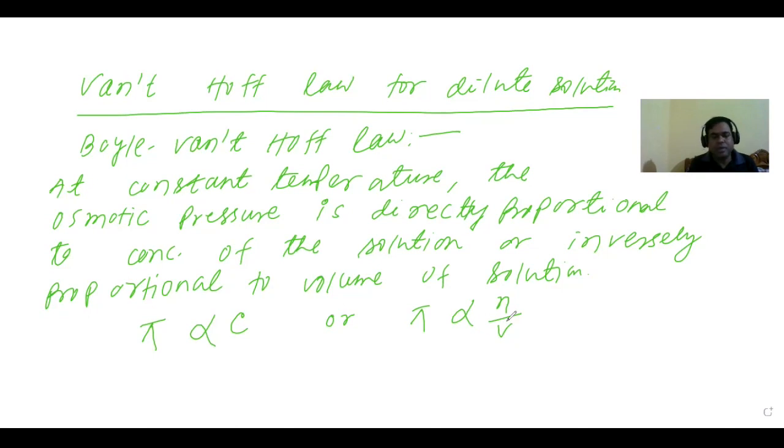That is n/V. So π ∝ C or π ∝ n/V. Here π is directly proportional to C, and π is inversely proportional to V. This is equation 1. Boyle-van't Hoff law states that at constant temperature, the osmotic pressure is directly proportional to the concentration of the solution, or inversely proportional to the volume of solution.